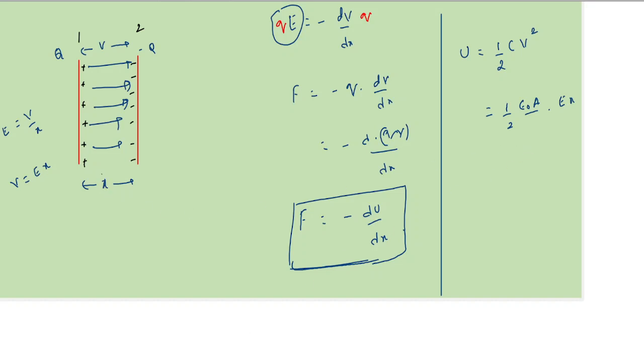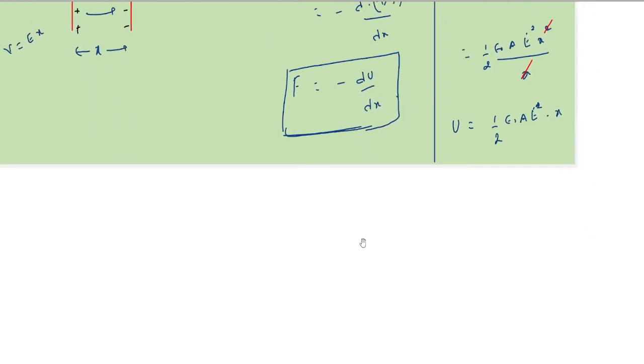I just call this x in this case. So it will be half epsilon naught A by x into E square x square. So one x gets cancelled and we get U is equal to half epsilon naught A into E square into x.